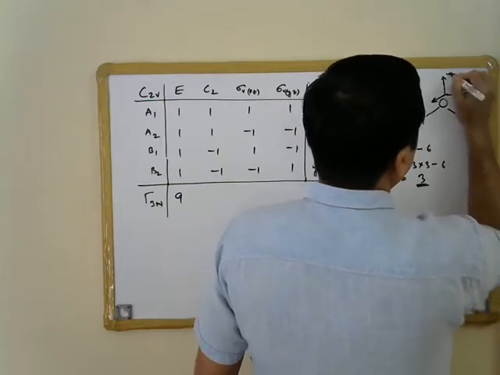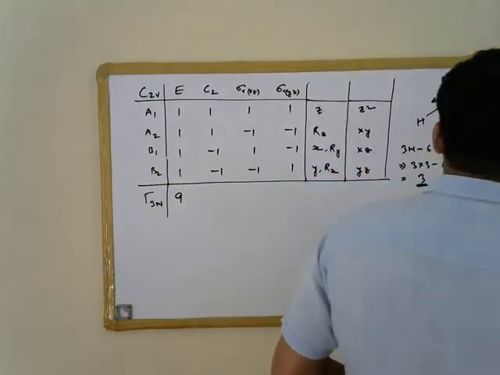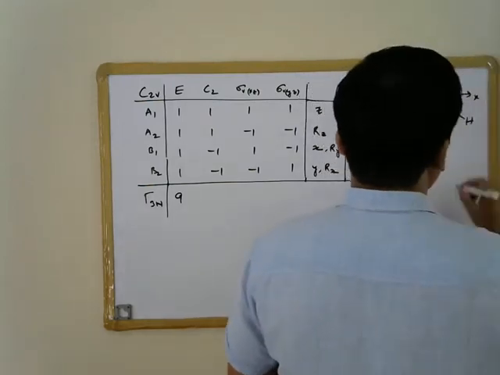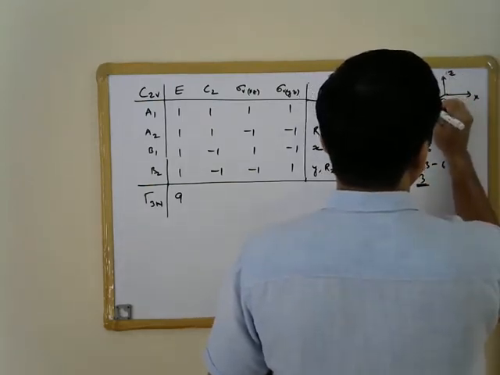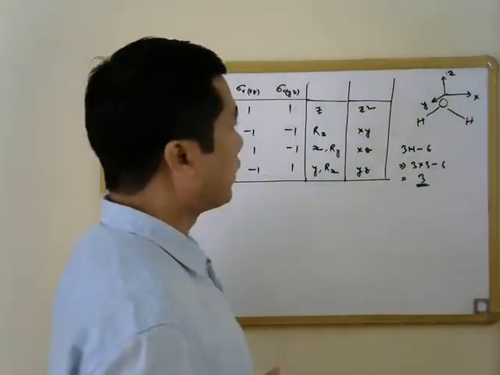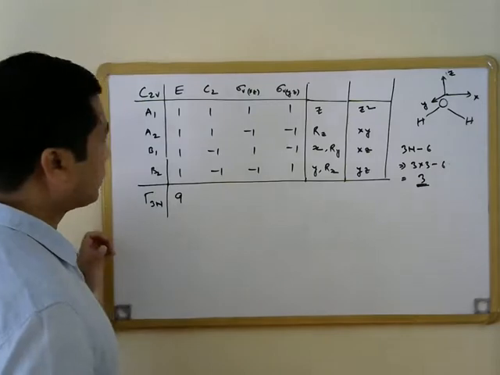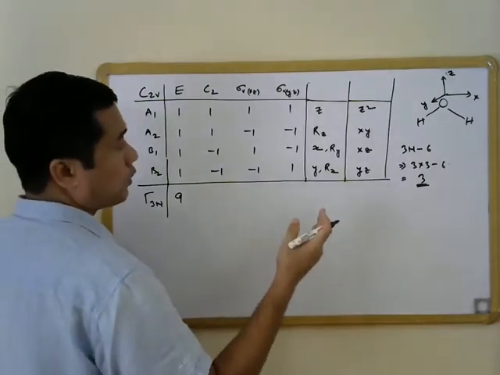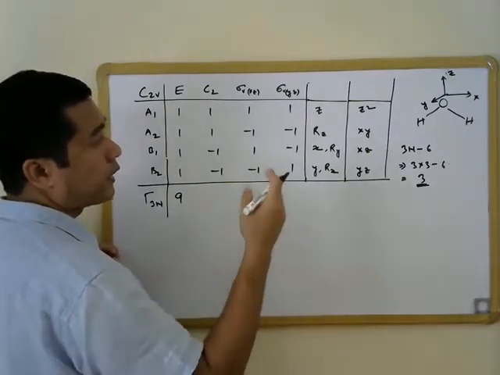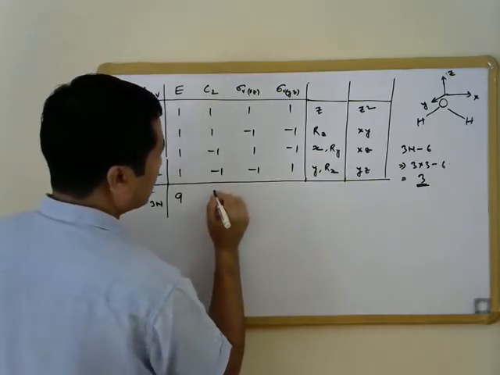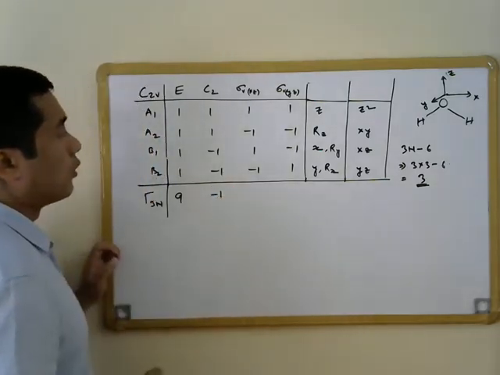So when we do the C2 operation, x goes to minus x, similarly y goes to minus y, while z remains along z itself. So minus 1 from x, minus 1 from y, and plus 1 from z. So the total character of the matrix is going to be equal to minus 1.